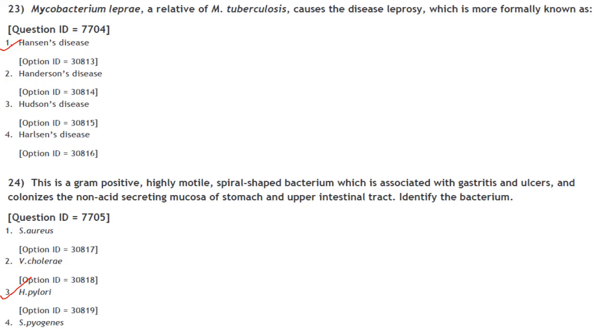Then, this is a gram-negative, highly motile, spiral-shaped bacterium which is associated with gastritis and ulcers and colonizes the non-acid secreting mucosa of the stomach and upper intestinal tract. Identify the bacterium. So it is called Helicobacter pylori or H. pylori. Answer is option 3.